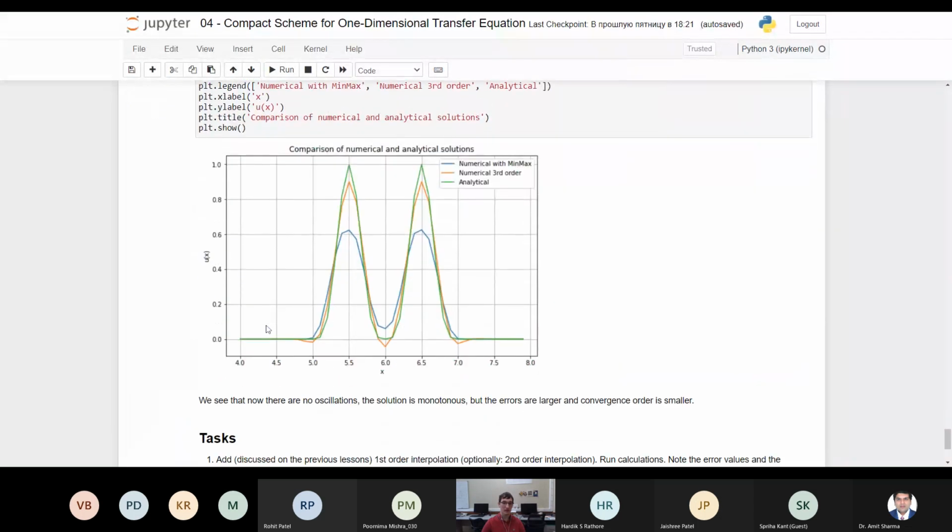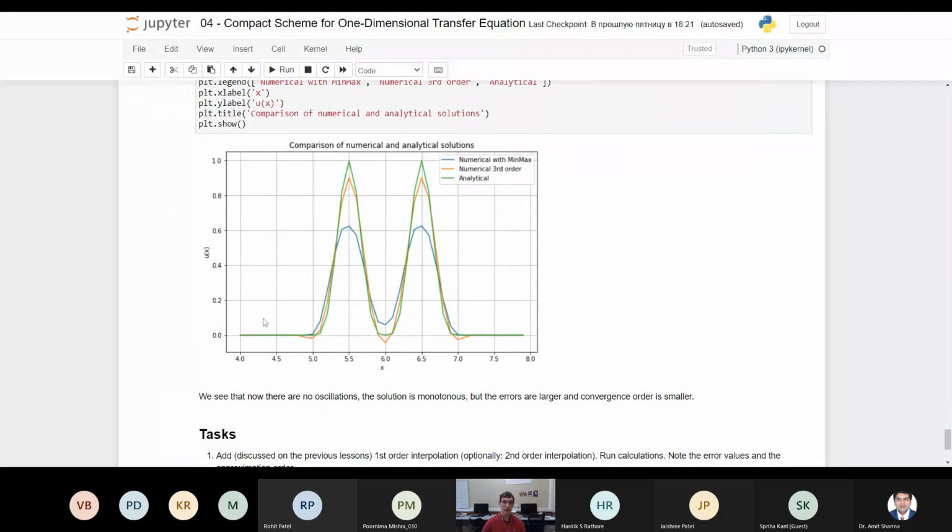However, if we compare the plots, we can see that the numerical solution without monotonizers is much better in terms of the amplitude, but it has negative values, which are probably non-physical, because the physical quantity in question should not have any negative values. It can only be positive. And the numerical solution with the MinMax limiter results in this blue line.